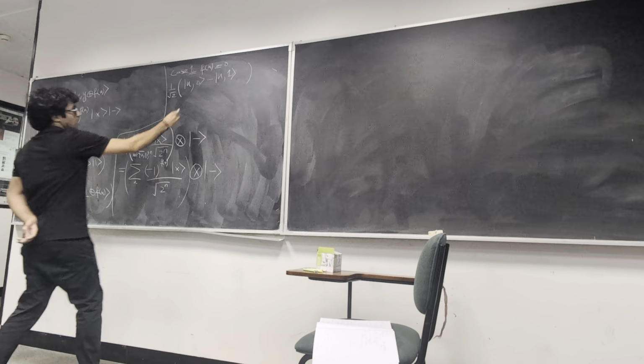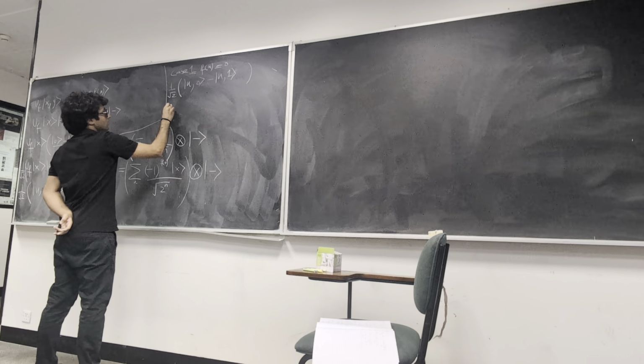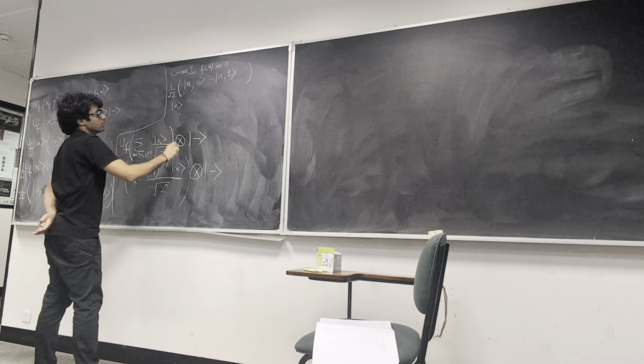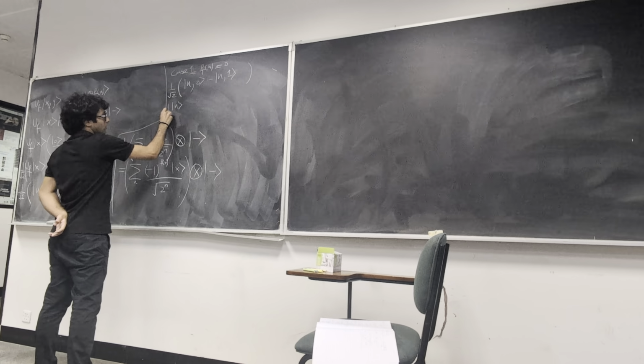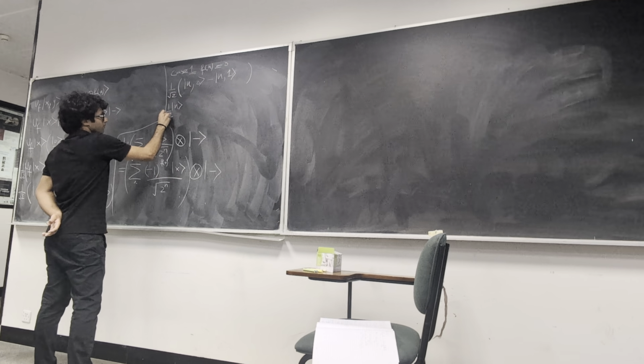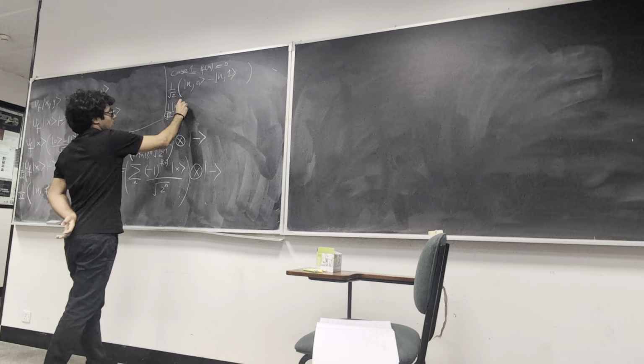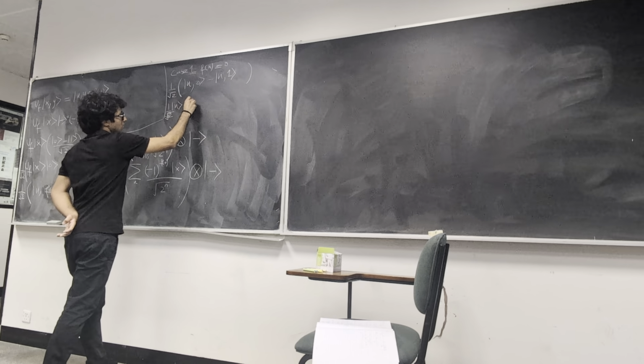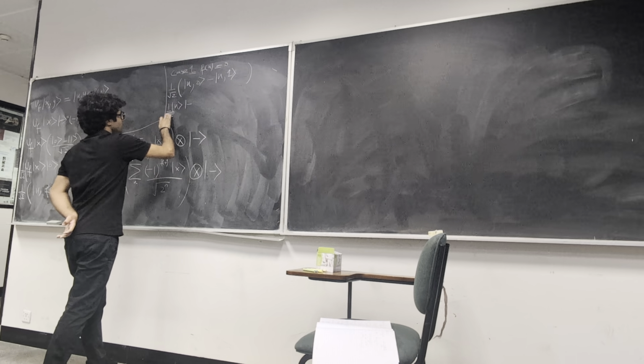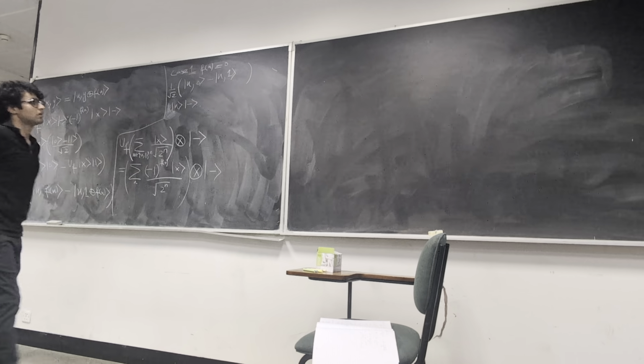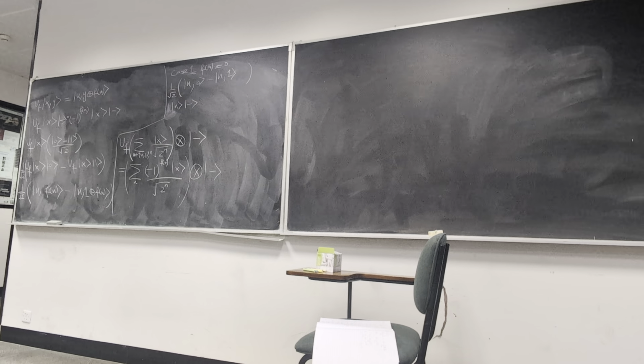Okay. If I take this out, this is just x, right? And I have 1 over square root of 2 tensored with, sorry, I should not write this here. This is just this, right? Yeah. Okay.